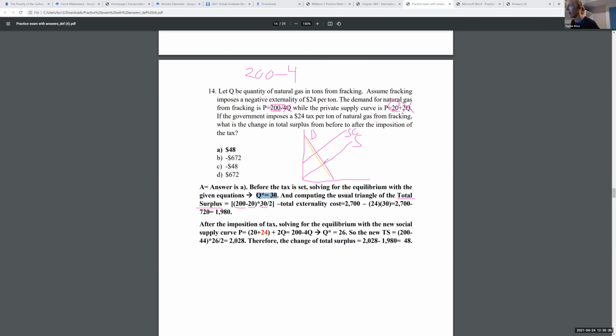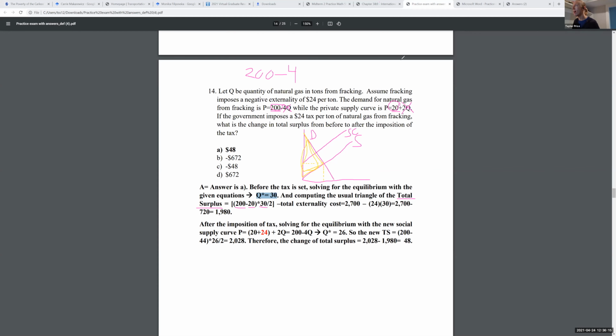So here's our equilibrium price. Let me erase this because I went a little too far. And so this is going to be total surplus. So like our normal consumer and producer surplus, where we have the intersection of demand and supply, and consumer surplus is the upper triangle, and producer surplus is the lower triangle.